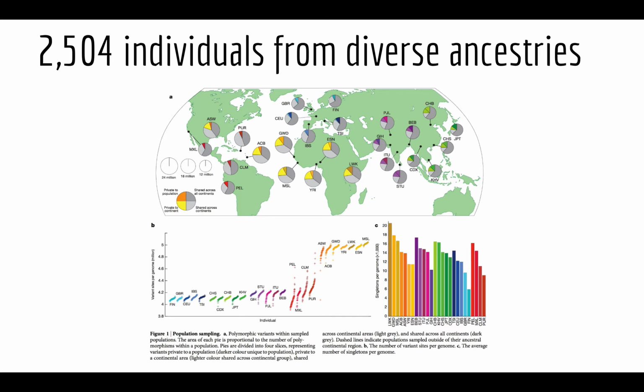And then there's this other cluster up here that's almost 20% higher, like 5 million genetic variants per genome. And it turns out that these are populations from sub-Saharan Africa, or from Africa more broadly. And the observation is that those individuals from Africa have higher genetic diversity.